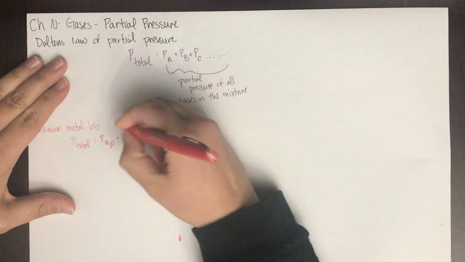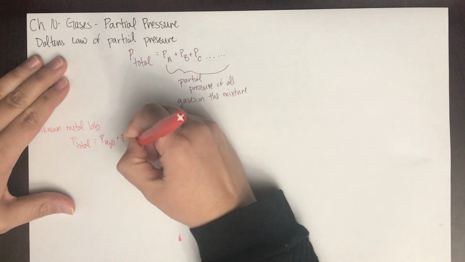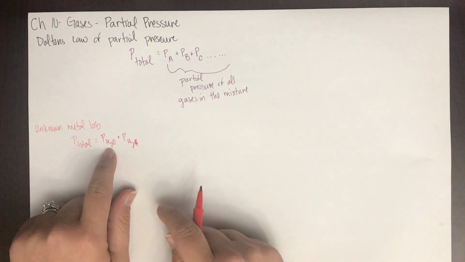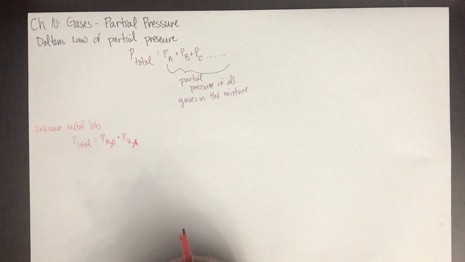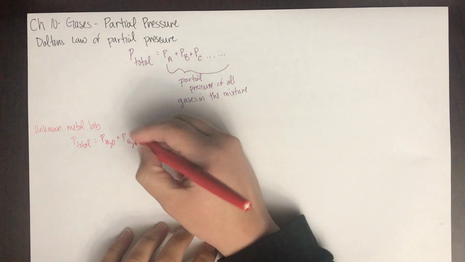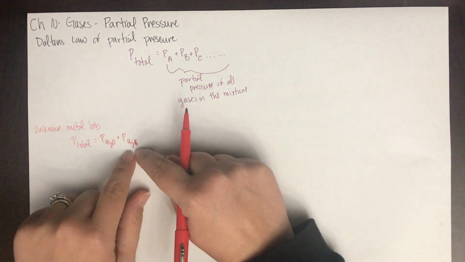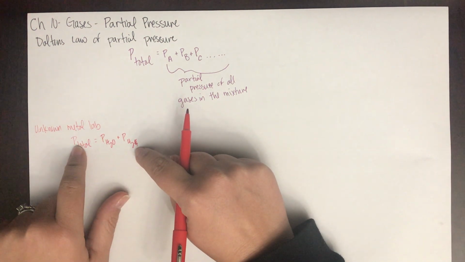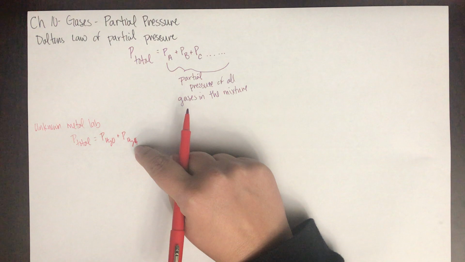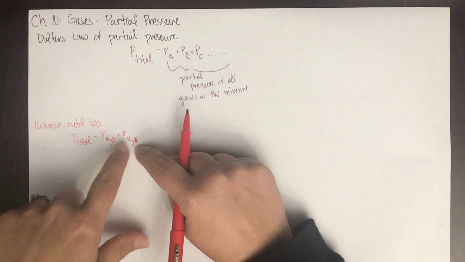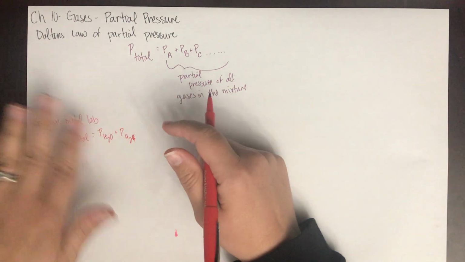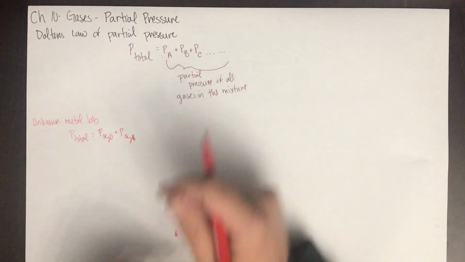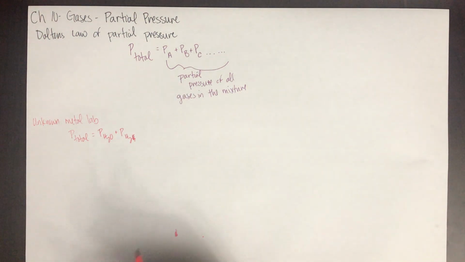So the total pressure is actually going to be the sum of the partial pressure of water vapor plus the partial pressure of hydrogen gas. So you're going to want to solve for just this, so then you would just subtract the partial pressure of water from the total pressure that's given to you in the lab to solve for the partial pressure of just hydrogen gas. So you'll use this in that unknown metal lab later.